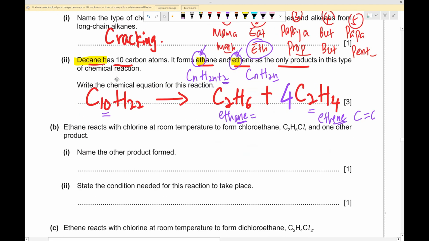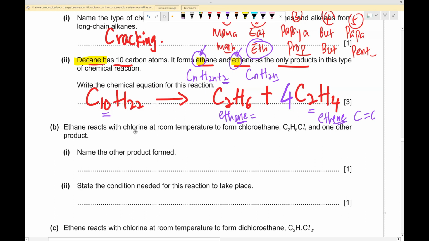So proceed to look at question number B. So now, ethane reacts with chlorine at room temperature to form chloroethane here, and one other product.